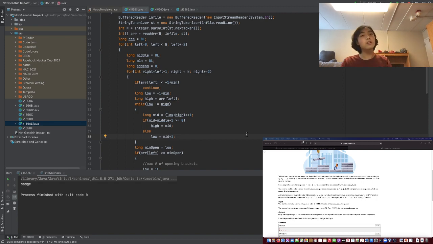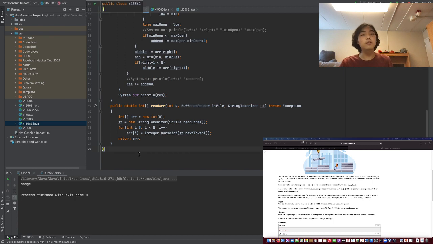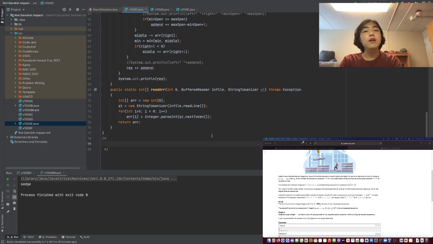The reason why we also need to consider the minimum a prefix ever becomes is that if we don't have a value like that, there's no way we can distinguish between bracket sequences like this and this.